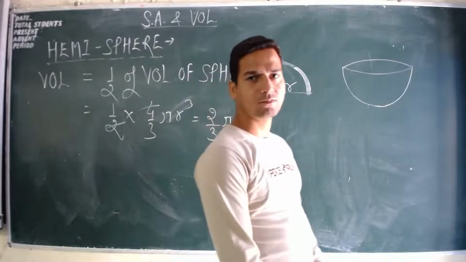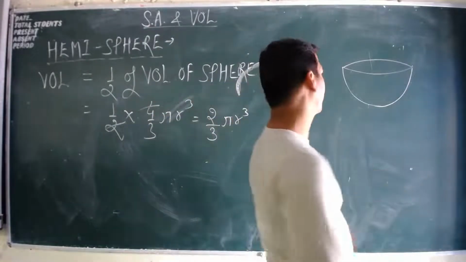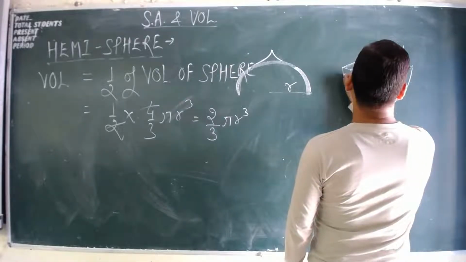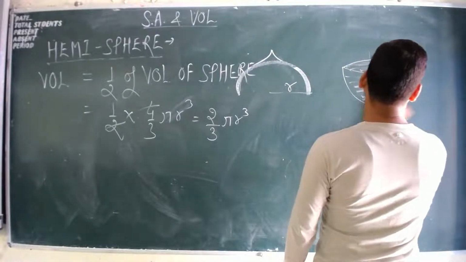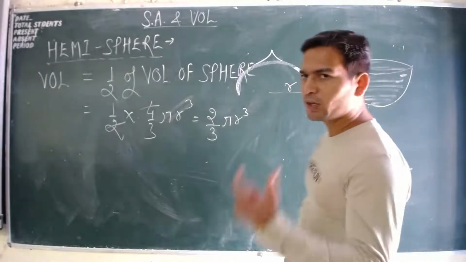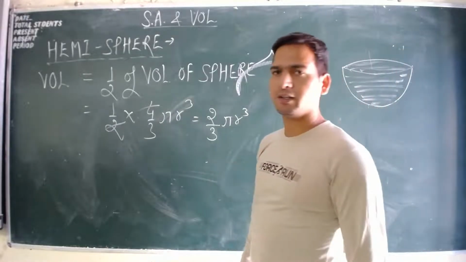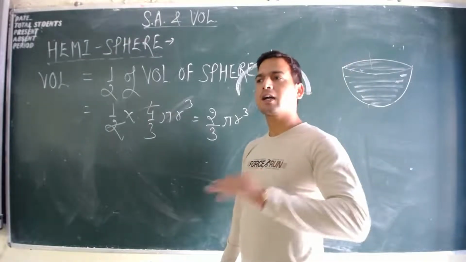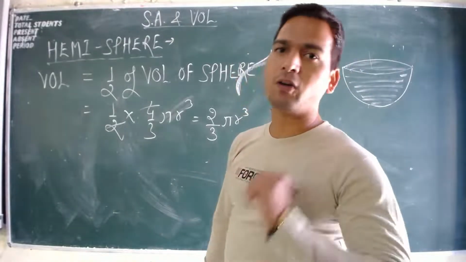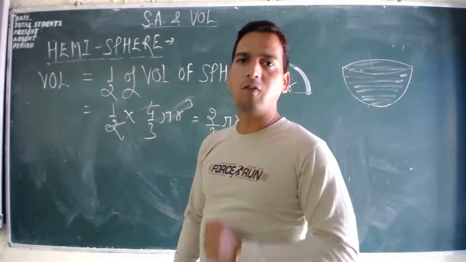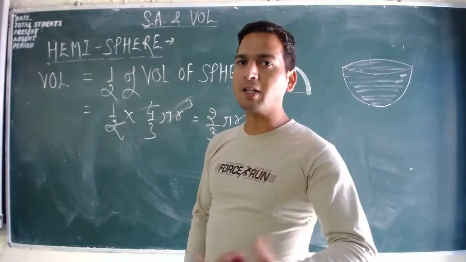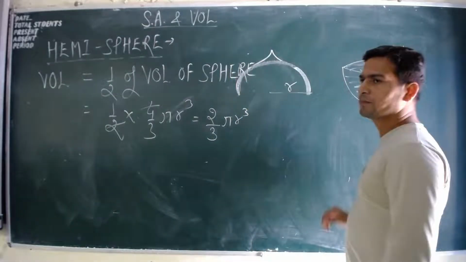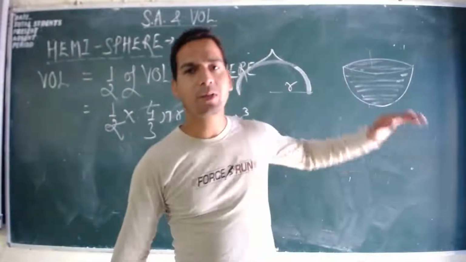This is a solid hemisphere, meaning completely filled. A ball is an example of hollow hemisphere. Cut onion, cut tomato, half orange, all are examples of solid hemisphere.